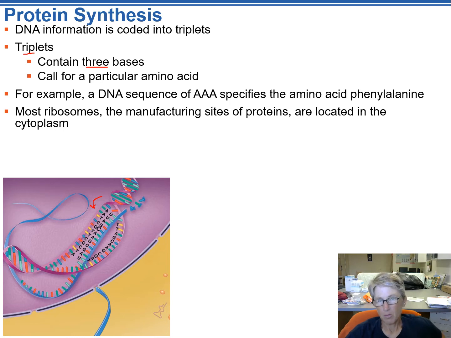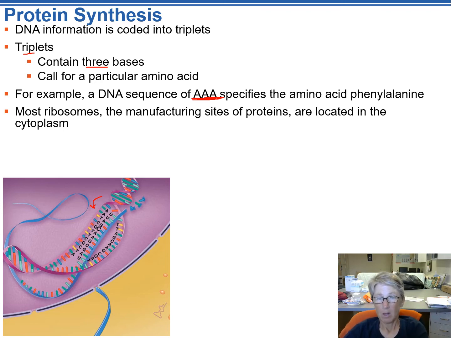So let me ask you this: if DNA has AAA, what will be the transcript from a DNA sequence of AAA? That is to say, DNA will get transcribed into what 3 nucleotides in RNA?